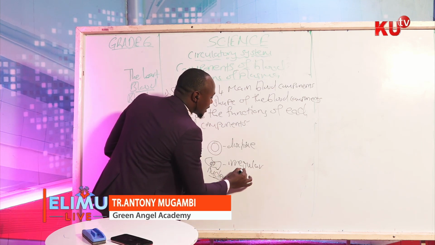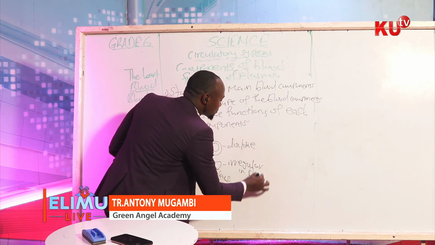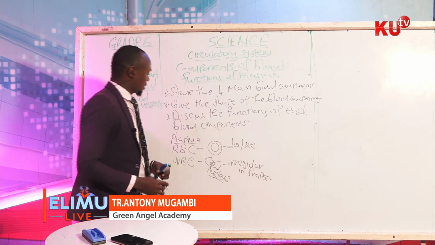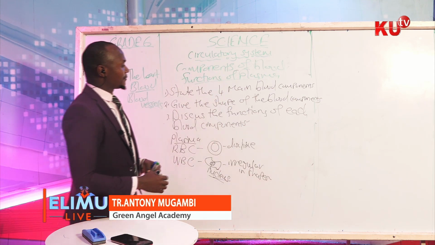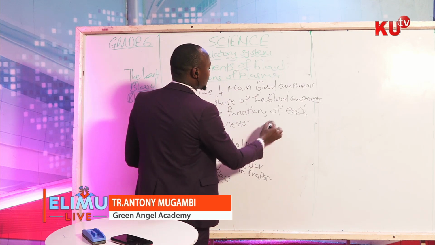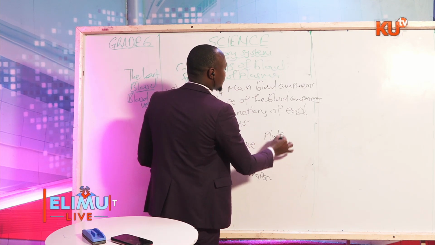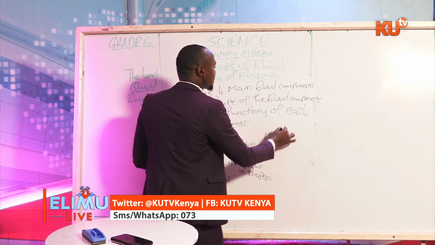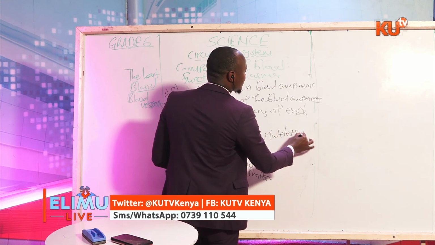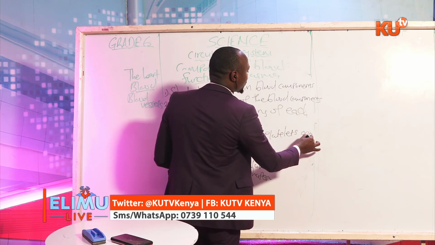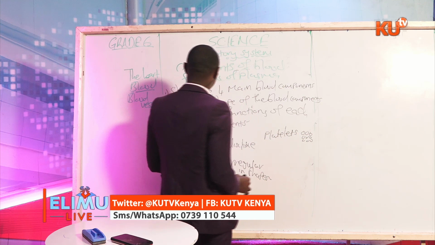It is irregular in shape. It keeps on changing the shape. And finally, we have the platelets. These ones we have seen, they are the smallest blood components.